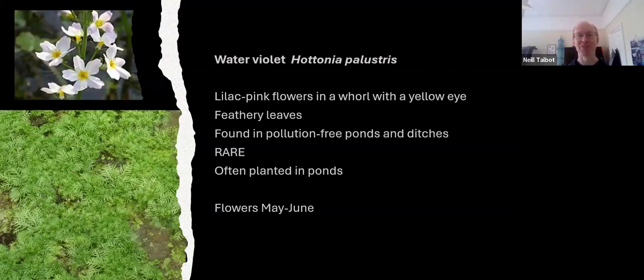The next one, water violet, Hottonia palustris. It is fairly rare, but you'll see it more often now because it's becoming relatively common to plant in ponds. And they have these beautiful lilac pink flowers that grow in a whorl, a cluster of flowers, and they will have a bright yellow eye. And you'll often spot it more by the feathery leaves that are partly submerged.